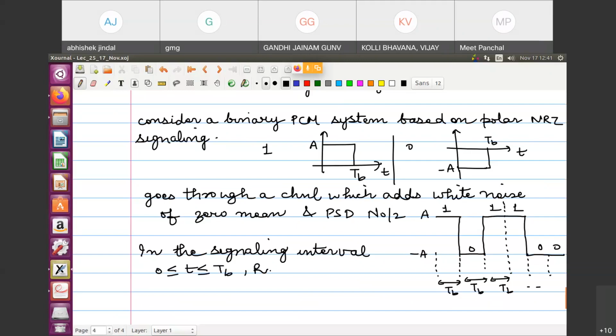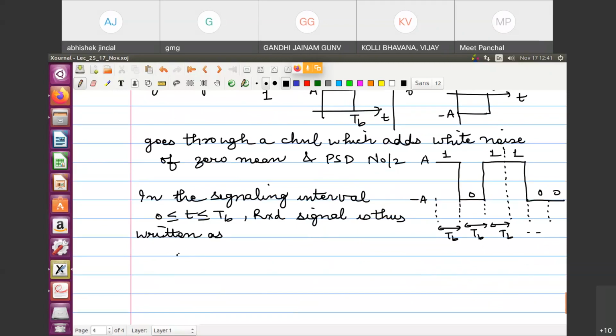The received signal is thus written as x(t) is equal to A plus w(t), or minus A plus w(t). Let us remove this extra plus, otherwise this would create confusion.